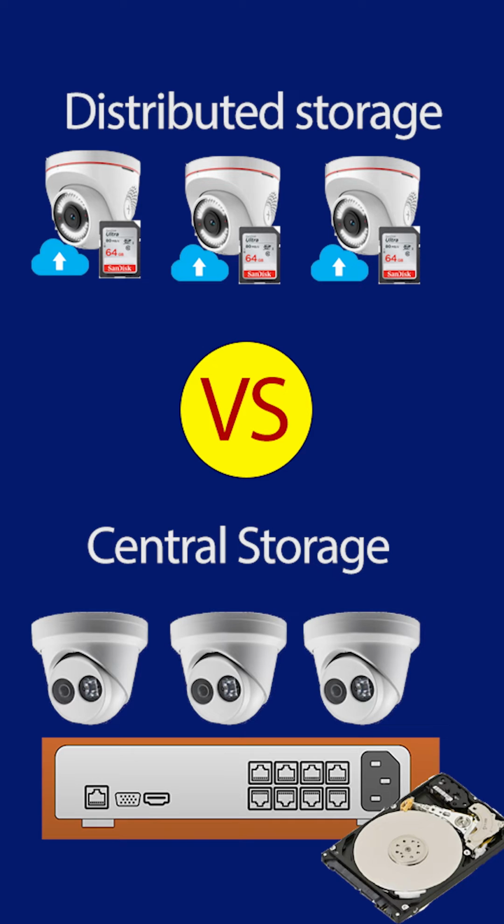So what distributed storage allows you to do is each camera acts as a recorder and a web server. So what that means is you can record locally onto an SD card and onto a cloud storage, and yet the beauty about these cameras is, because they're still IP cameras, you can still have them connected onto an IP network through a PoE switch and or a PoE port on your network video recorder, meaning you've got really three types of storage.